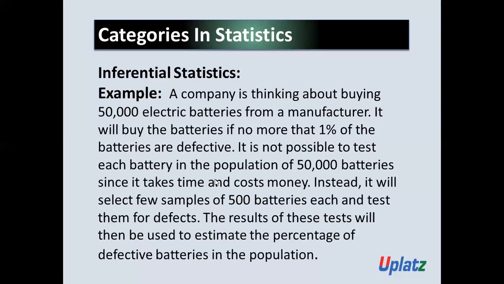Got the point? So it is not possible for the company to test 50,000 batteries. So the company will select few samples of 500 batteries each and test them for the defect, and the result of these tests will then be used to estimate the percentage of the defective batteries in the population. Got the point?